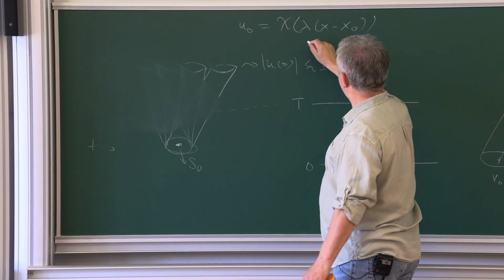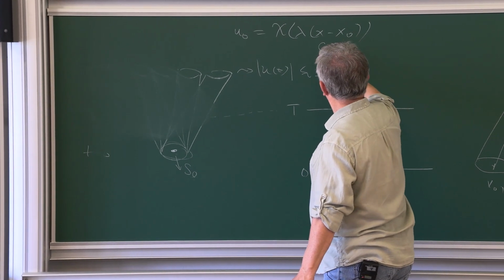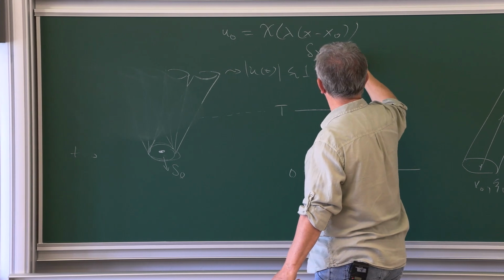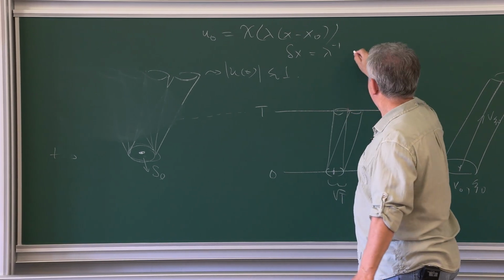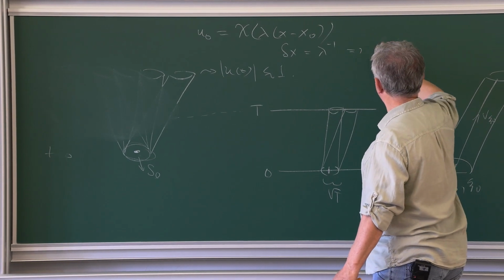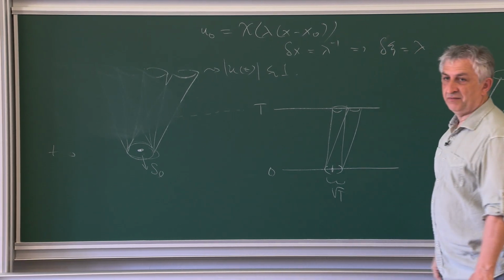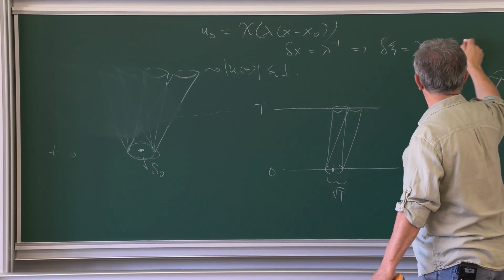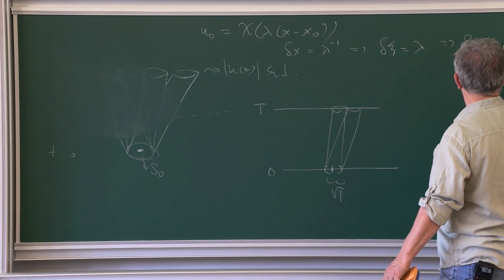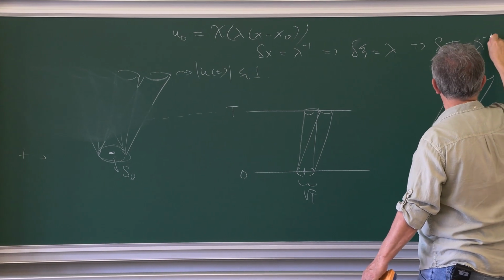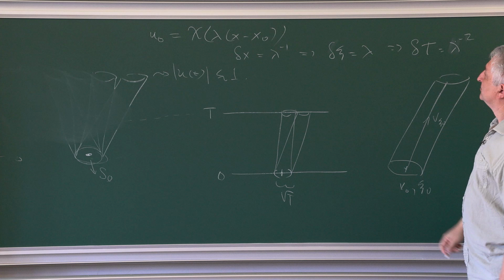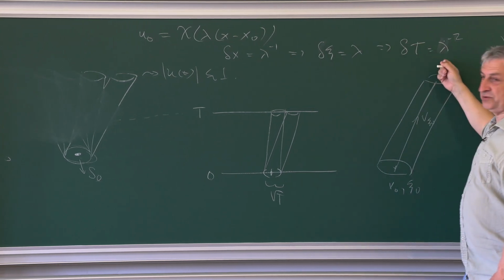So there, the spatial scale was lambda inverse, right? And then by duality, by the uncertainty principle, the frequency scale was lambda, and then the time scale is lambda minus 2. So the spatial scale is the square root of the time scale.